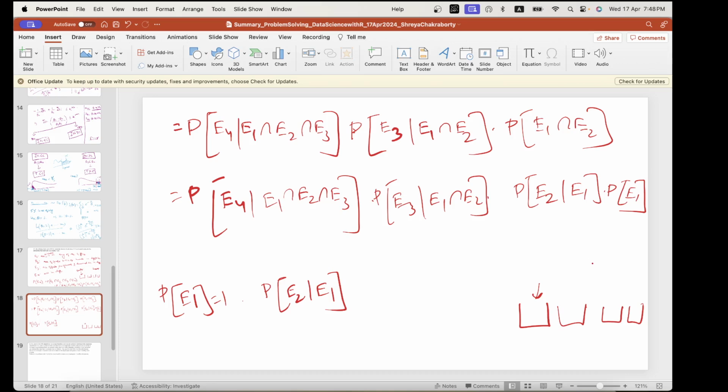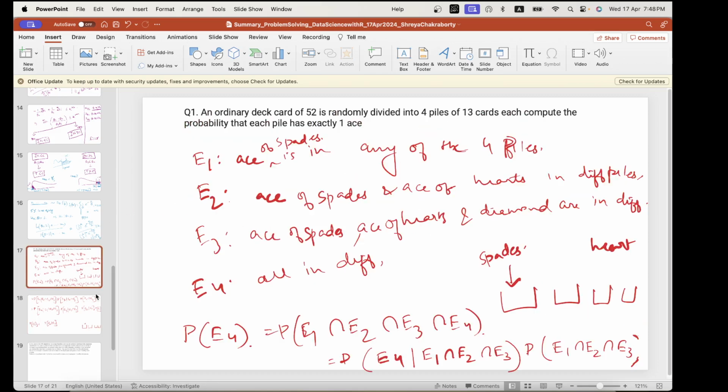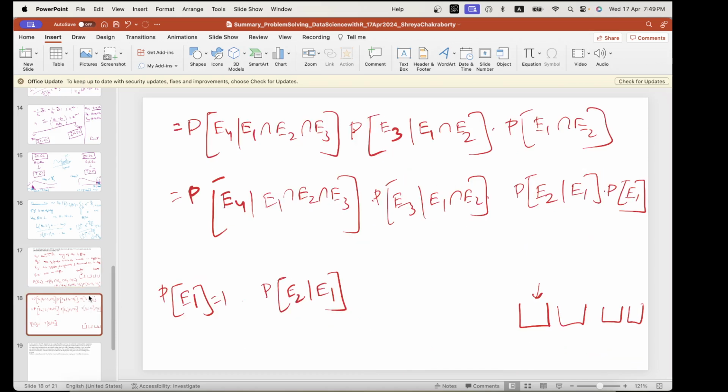Okay. So probability of E2 given E1 means that spades and hearts are in different piles.